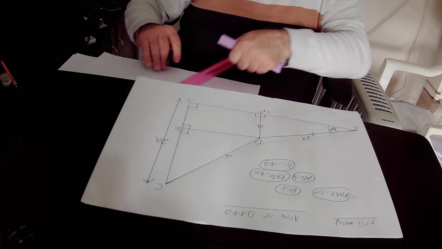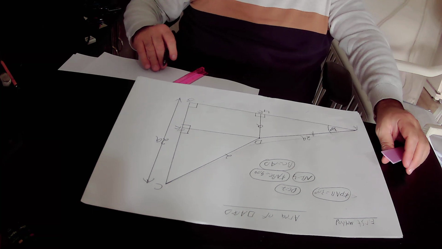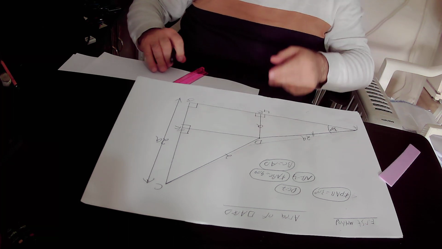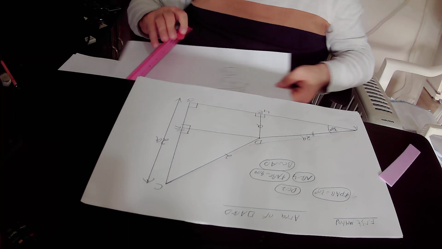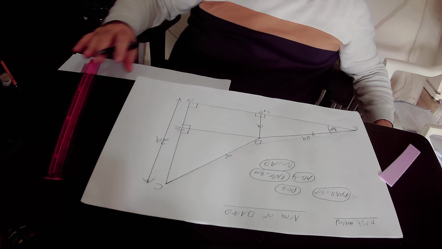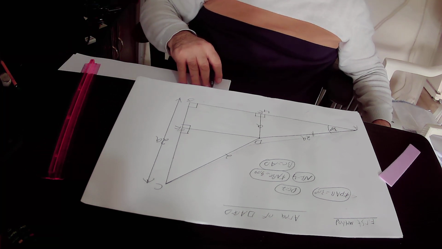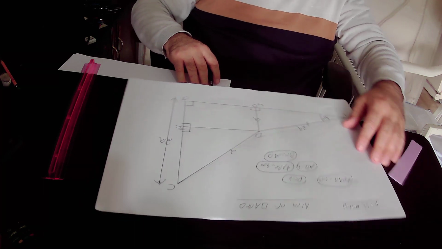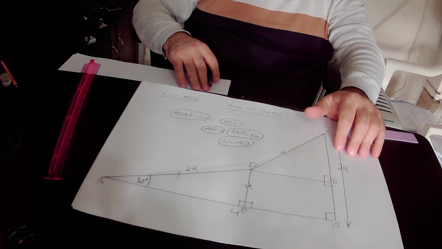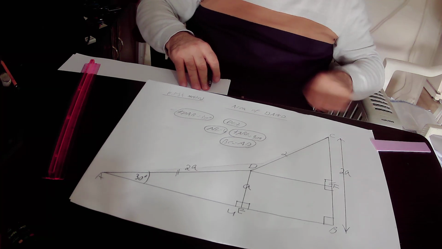So we will focus on quadrilateral DFEB, but before that I will present to you a new rule. Rule number 1.